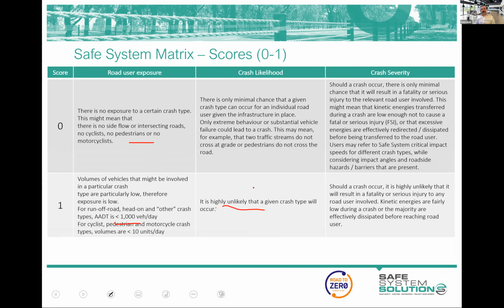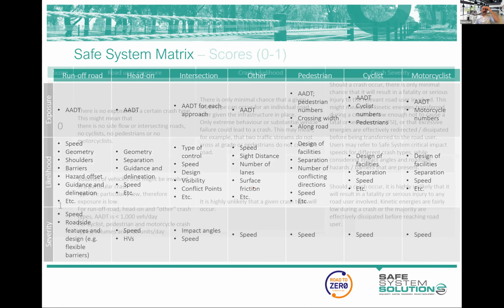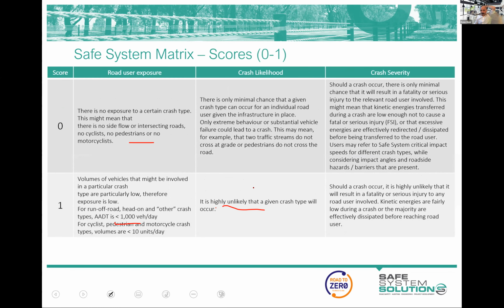A 0: there is only minimal chance that a given crash type can occur for individual road users given the infrastructure in place. Only extreme driver behaviour or substantial vehicle failure could lead to a crash. This might mean that, for example, 2 streams of traffic do not cross a grade or pedestrians do not cross a road. So I'm going to actually cross that out because this is one of those ones that I mentioned earlier.